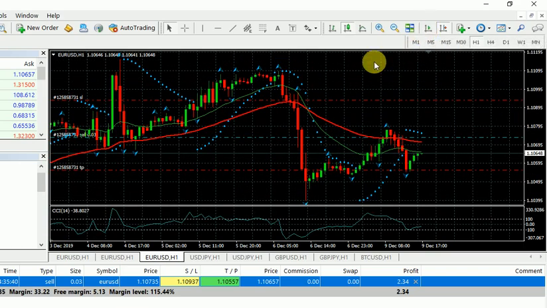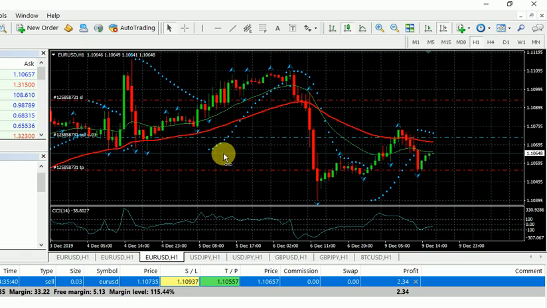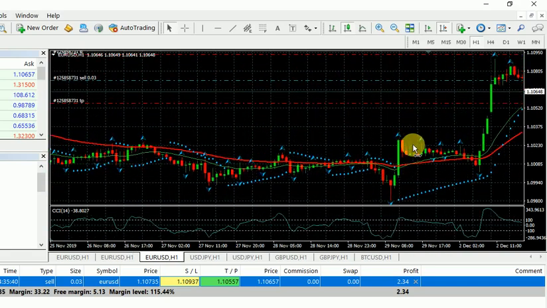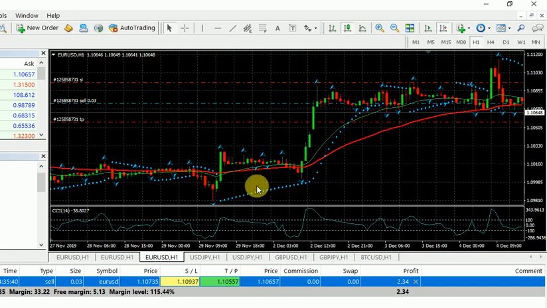So let's talk about how the trading technique works. There is a very simple method for entry. When the 20 EMA crosses from below to above the 50 EMA, you start your buy.